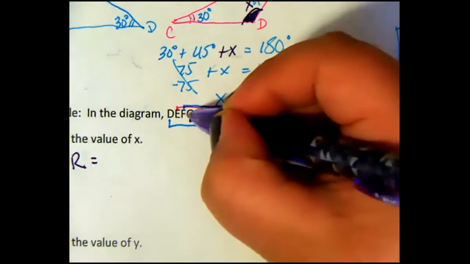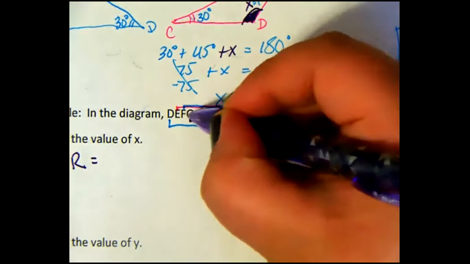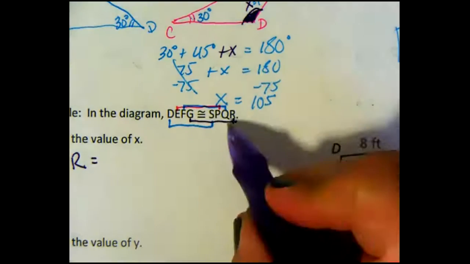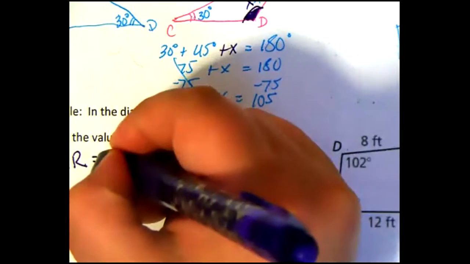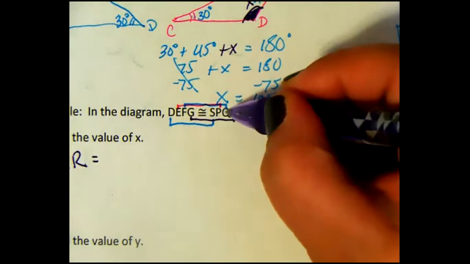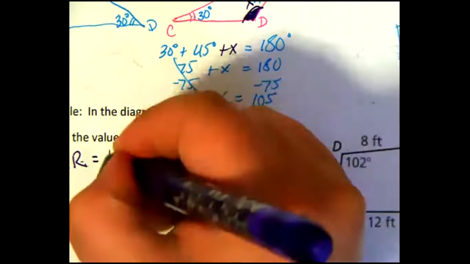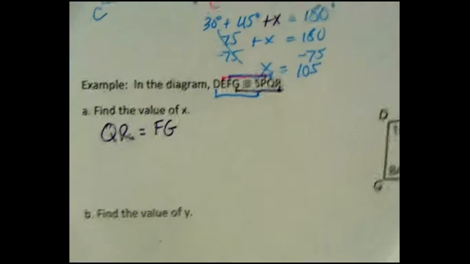So I can look and see what are the last two letters right here. That's going to be FG. So QR and FG are going to be congruent, or GF, but because the order is Q and then R, the way I wrote it, we're going to put F and then G. So QR is equal to FG.